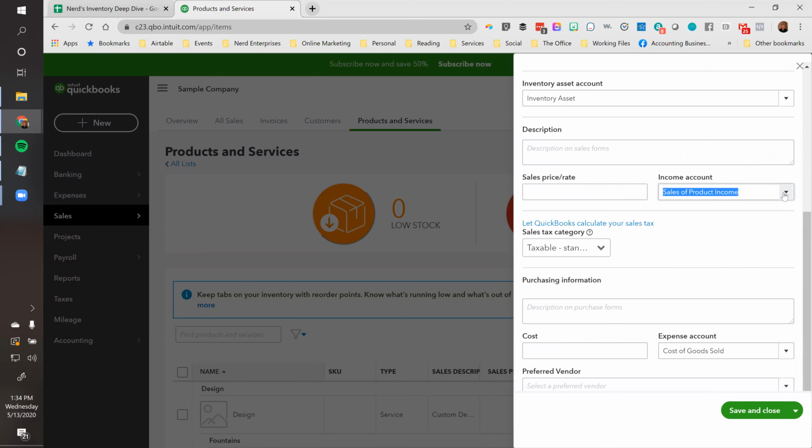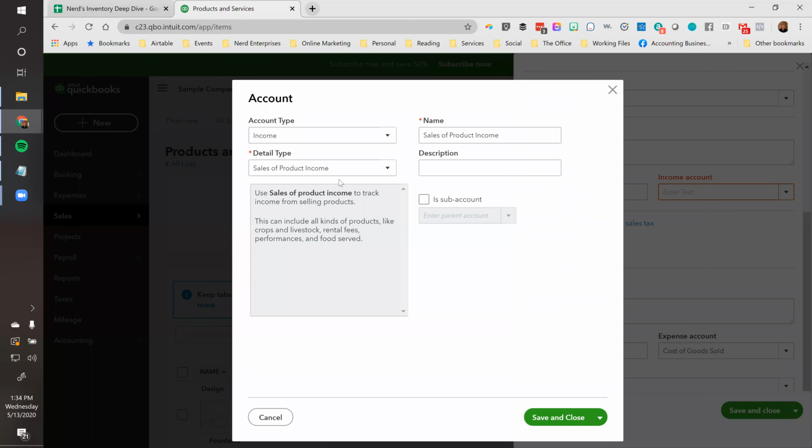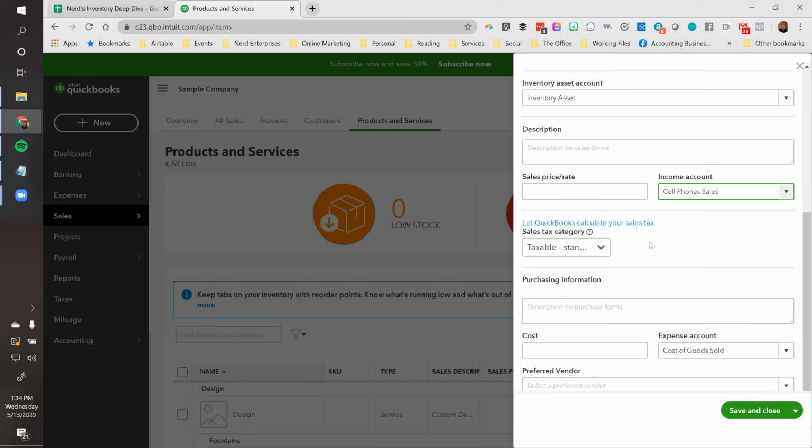Okay, the income account, let's add a new account called cell phone sales. I just want this to be crystal clear when we look at the P&L and balance sheet later. So we've got cell phone sales, save and close.